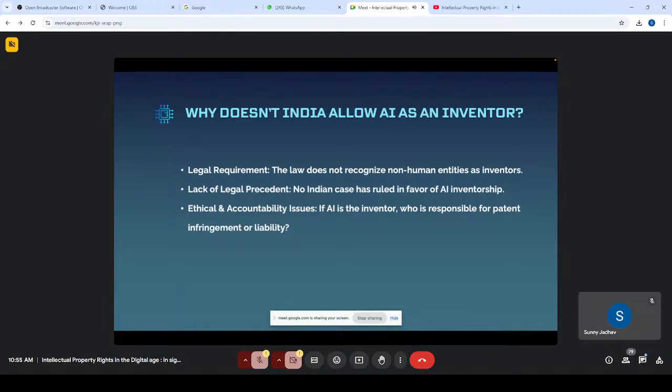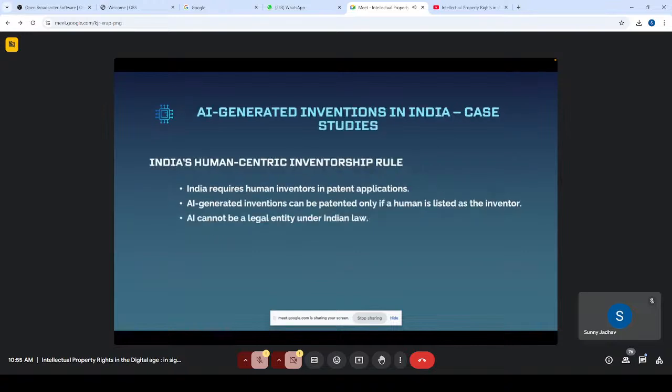Even if the case is filed, the company or the creator can take this easy route: okay, we were the creators, but we did not create this particular invention. This is not our liability. And they might get a very lenient sentence too. So this is altogether a very different and thought-provoking aspect of intellectual property rights, I must say, that we need to see how it unfolds in future.